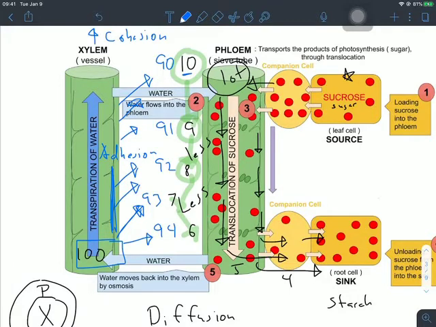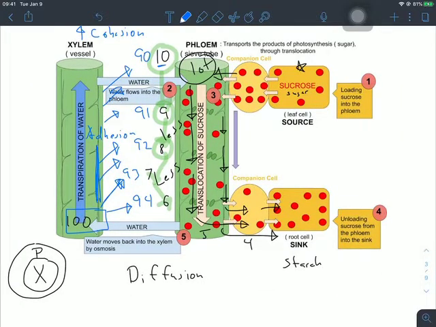I'm going to say that again because it's so profound. The forces in xylem allow water to beat gravity without using any energy. It all happens for absolutely no metabolic cost to the plant. It's happening for free.